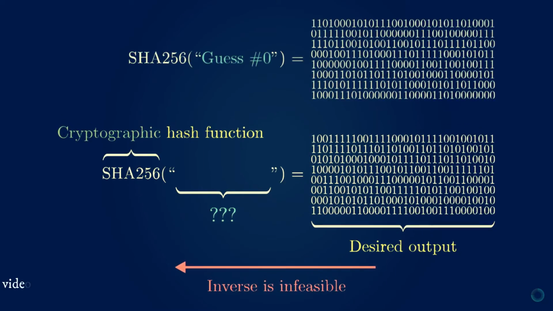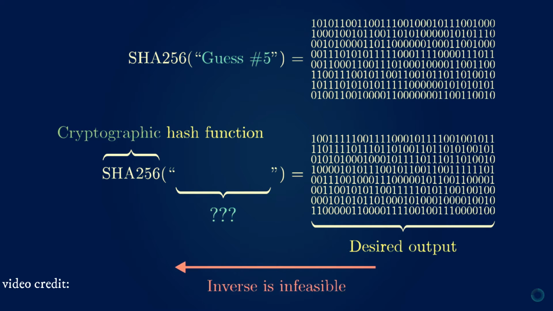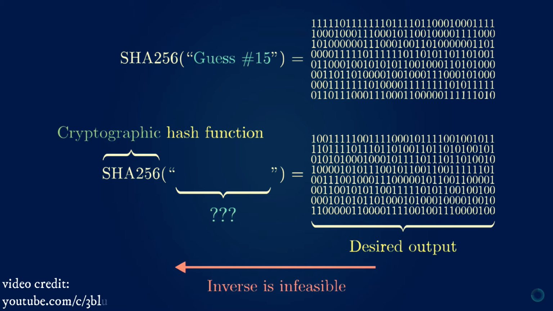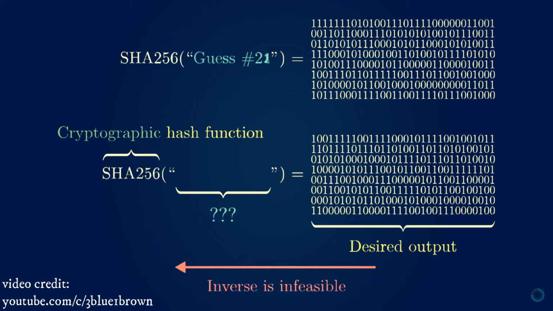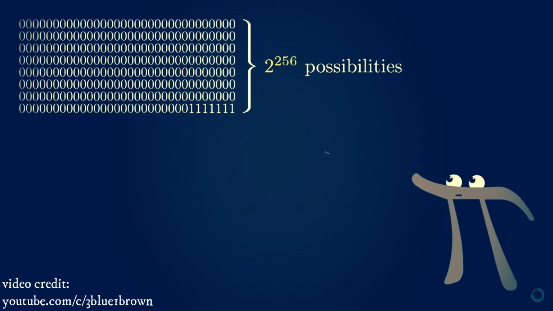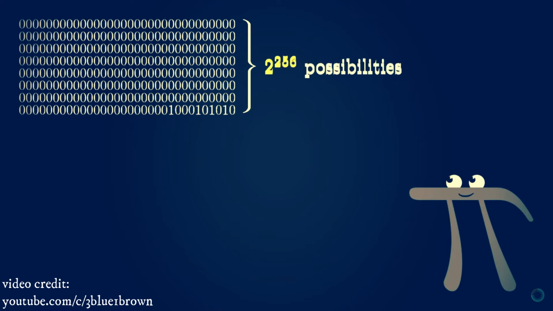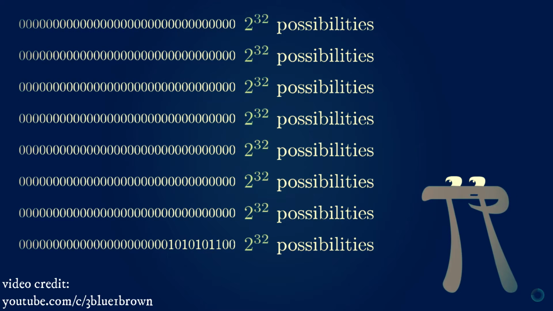For example, if we want to find a message whose SHA-256 hash is some specific string of 256 bits, we have no better method than to just guess and check random messages, and this would require on average 2 to the power 256 guesses. Now, this is a number so large that it can hardly be appreciated, but let's give it a try. 2 to the power 256 is the same as 2 to the power 32 multiplied by itself 8 times.